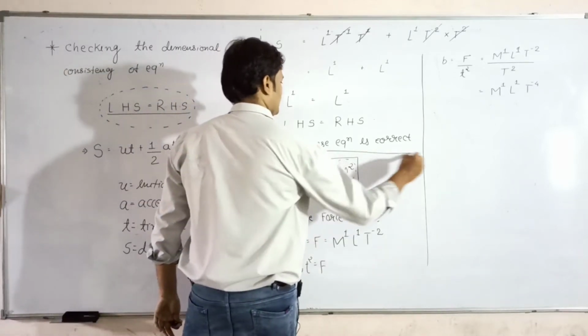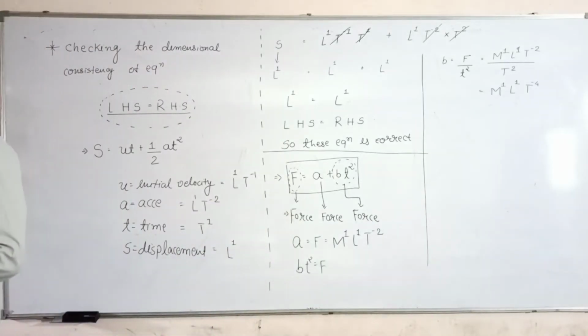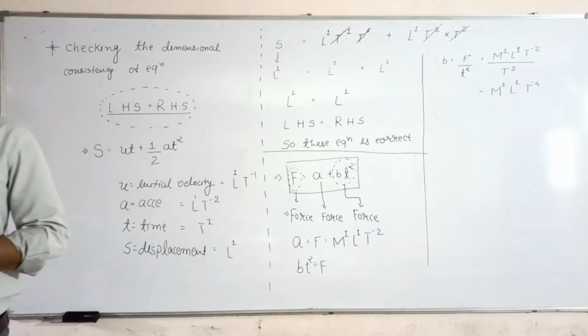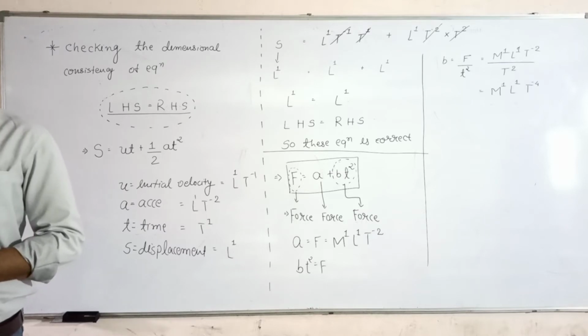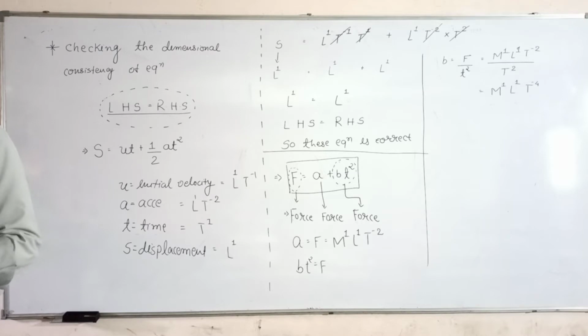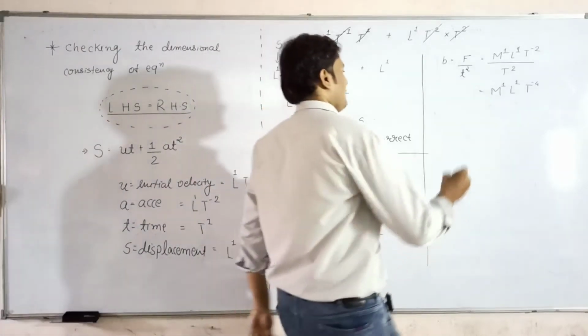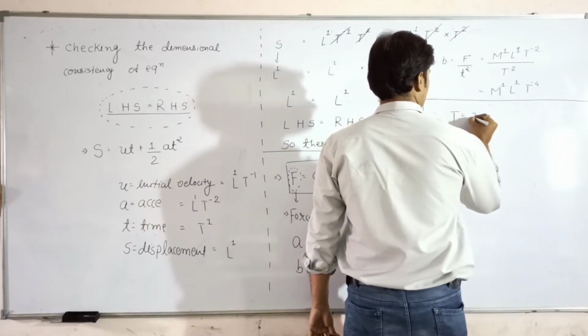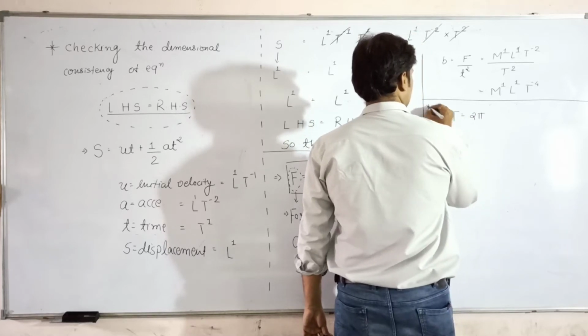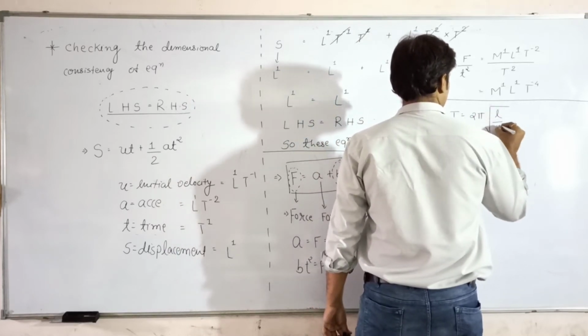Now another example. The statement shows that the expression of time period T of a simple pendulum of length L is given by T is equal to 2 pi under root L upon G. Show that it is dimensionally correct.